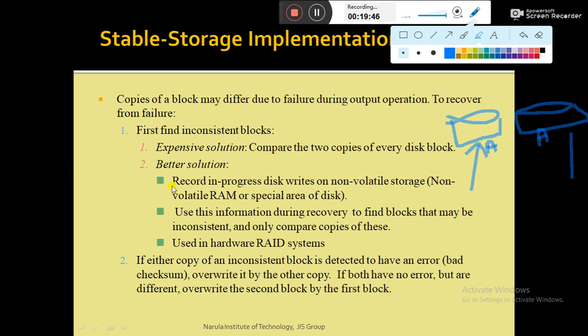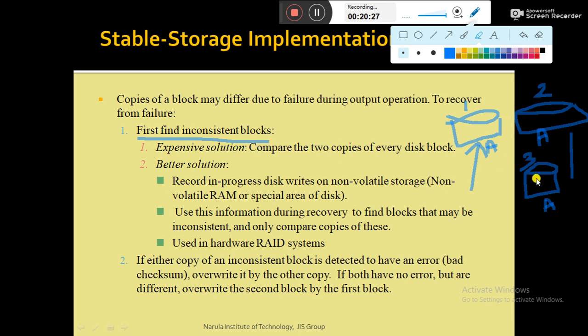The first thing we have to do is find the inconsistent block, meaning which one is the inconsistent block. Suppose we have three copies, maintaining another copy of data item A. Say this is the first block, this is the second block, and this is the third block. We have updated the data item A on the first block, but the update has failed for the second and third blocks. So first we have to find the inconsistent block.